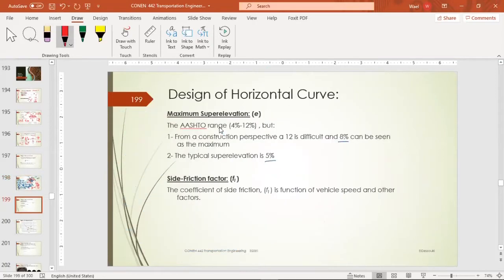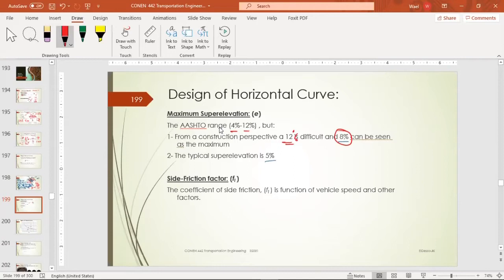Okay? So while we are designing the horizontal curve, there is a maximum banking angle. And it says that the AASHTO range is from 4 to 12%. And for practicality, 12% is very difficult to achieve. Why?